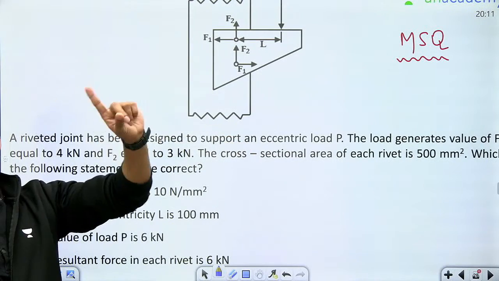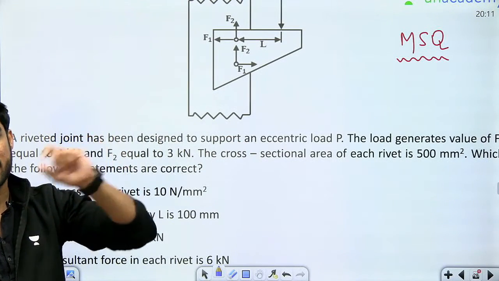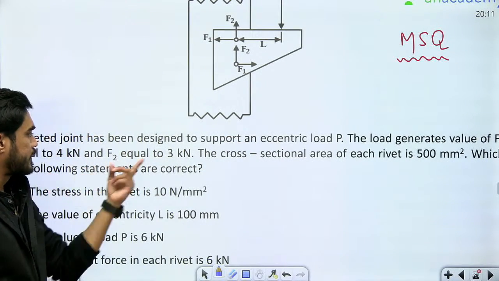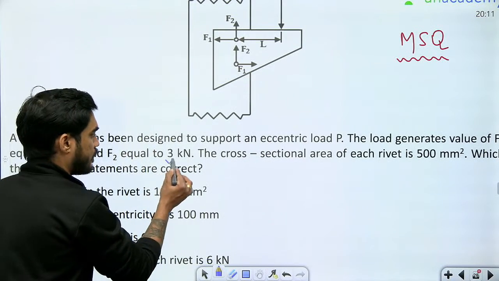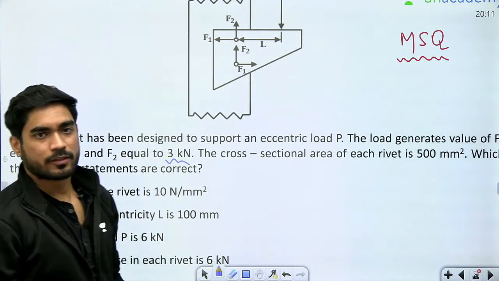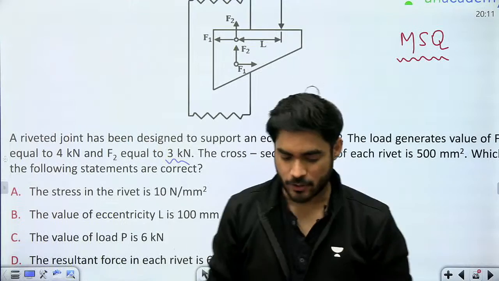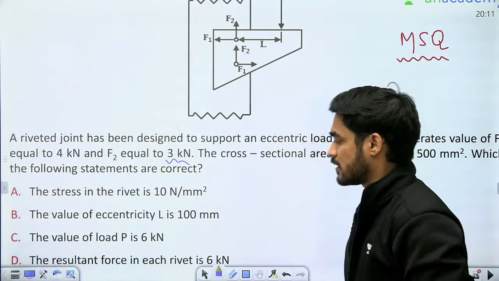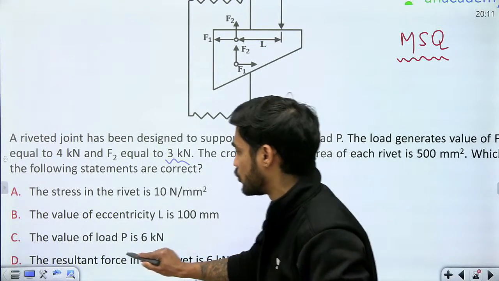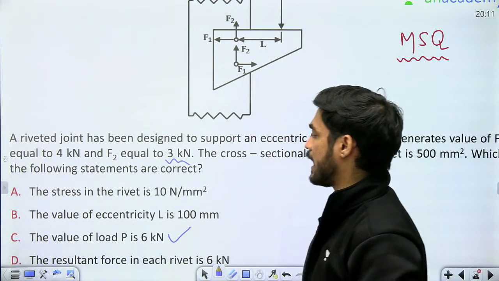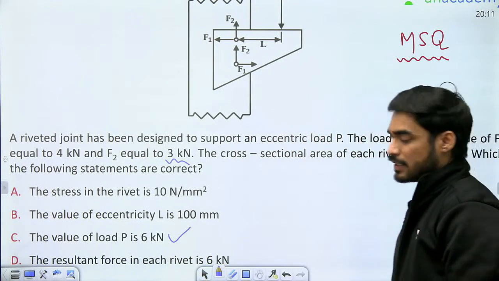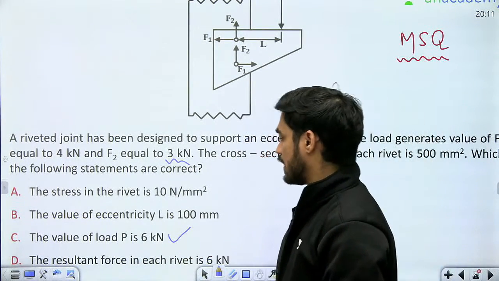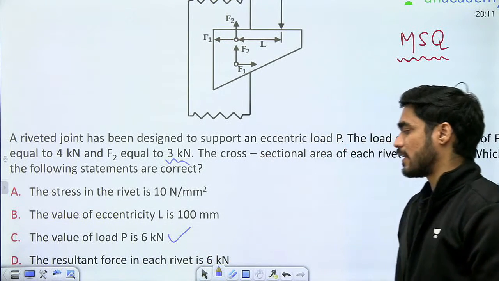So primary force is 3 kilonewton multiplied by 2, total force will be 6 kilonewton. So this is true, this is correct. Then the resultant force is 6 kilonewton.